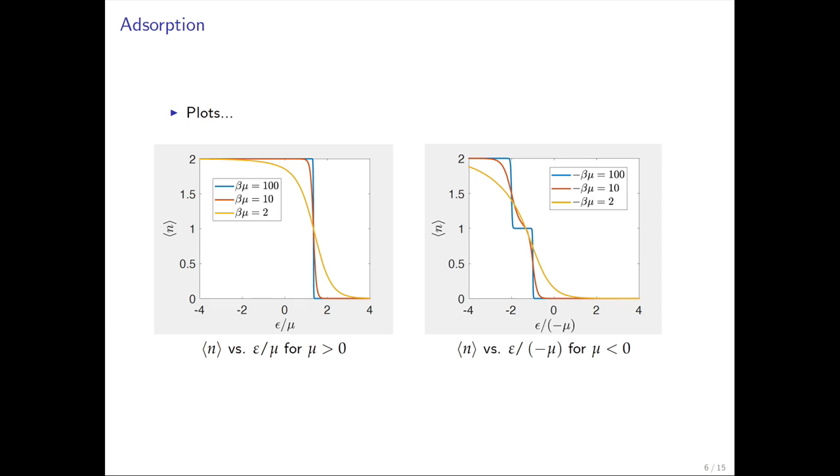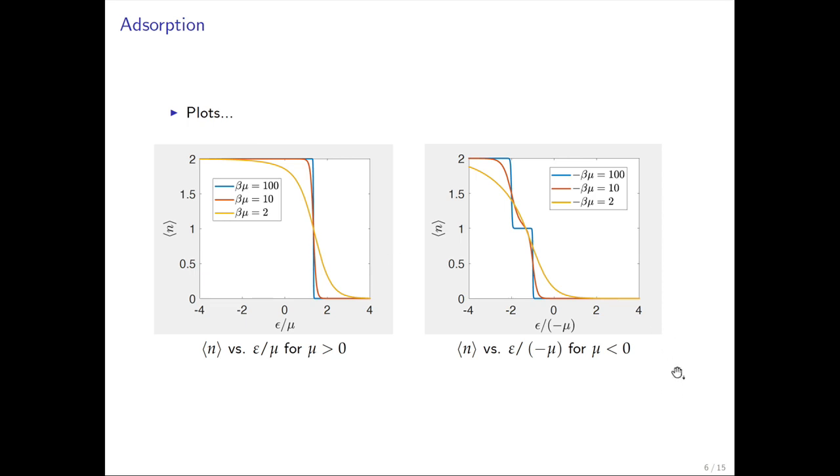Well, it's interesting to look at the case of negative mu, which is over here. So once again, we're going to plot different values of beta mu. Here, since mu is negative, I'm essentially taking the absolute value, but I'll write minus beta mu here. We want to keep epsilon negative and positive here, so we'll scale by negative mu since mu is negative, but it's just to compare these two plots.